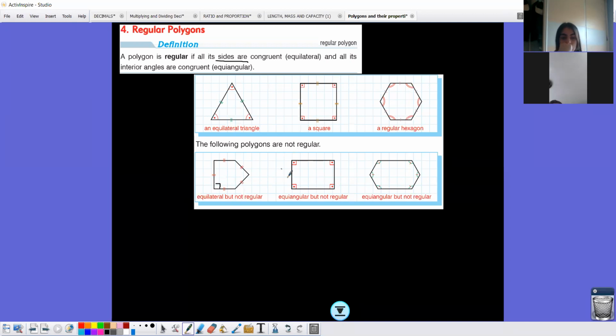Also, in a rectangle, all the angles are the same, but the sides are not. So this is not a regular polygon. And here all the angles are the same, but because the sides are different, it is not a regular polygon. Did we understand what regular polygon means? All the sides and the angles have to be the same, both of them at the same time.